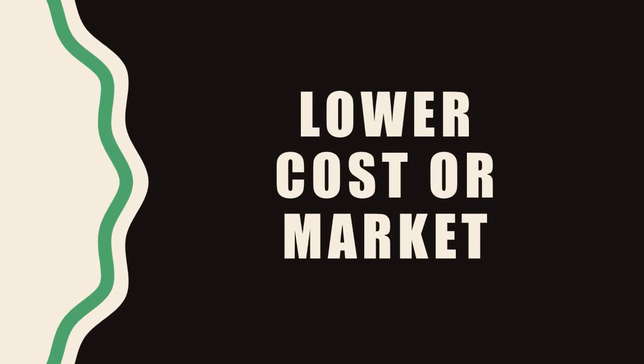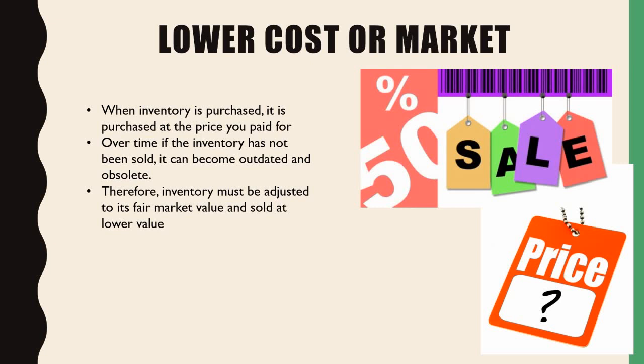If you remember back in chapter 4, historical cost is where, when you purchase an item, you must record it at its fair market value, or the original price you purchased it for, right? But in this case, when we talk about lower cost or market, inventory is the only exception to that rule, okay?